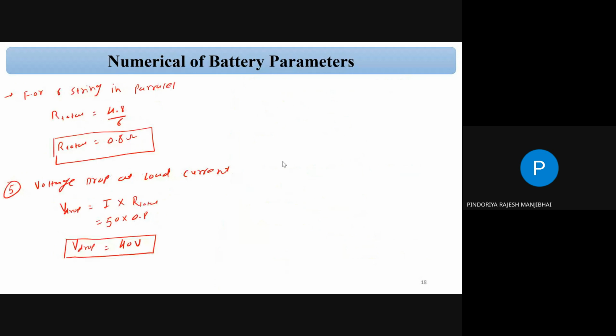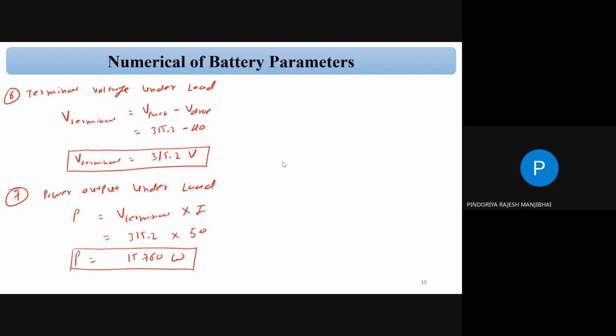Then voltage drop at load current. Voltage drop is equal to I into R, where R is the total resistance of the circuit. Then terminal voltage under load: V peak minus voltage drop. Obviously, whatever the voltage drop is, we have to subtract it.